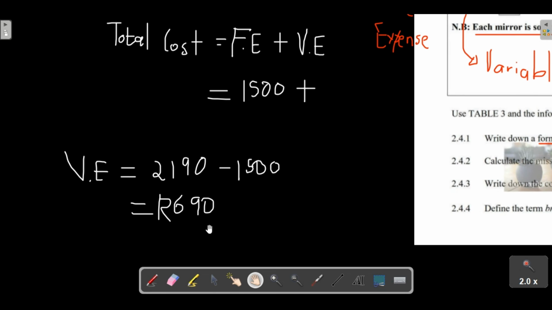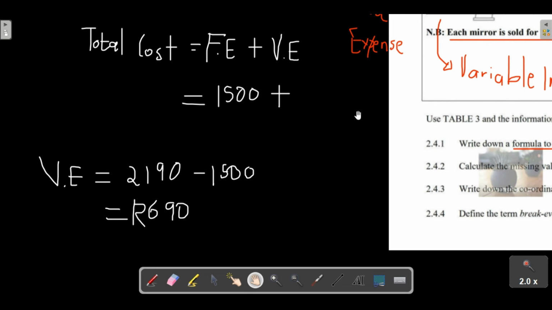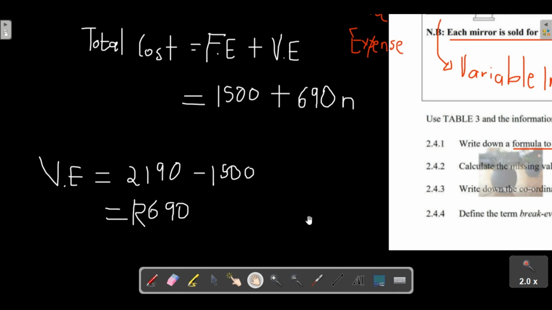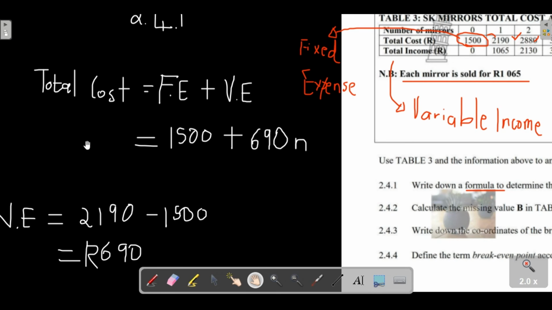So that means to make two mirrors, you just multiply this by 2, and so on. Now when it comes to this formula, a variable cost has an n next to it, so 690n. This n will enable you to calculate the total cost that you had in that particular month, so you substitute in the number of mirrors that you have made in that month.